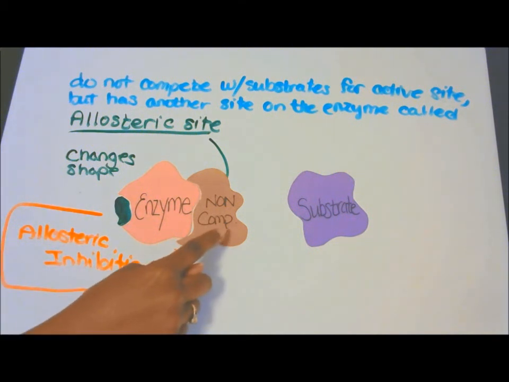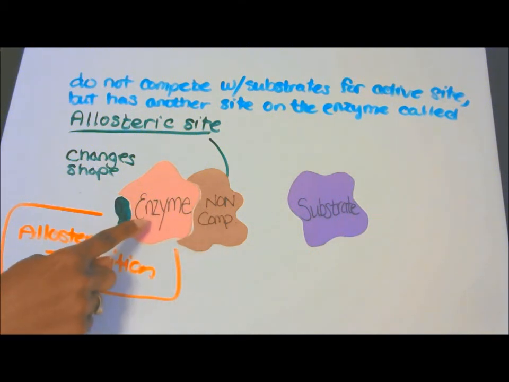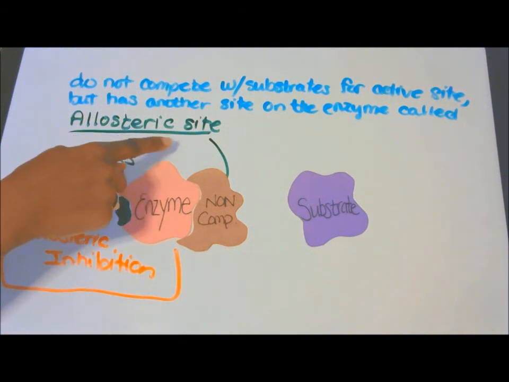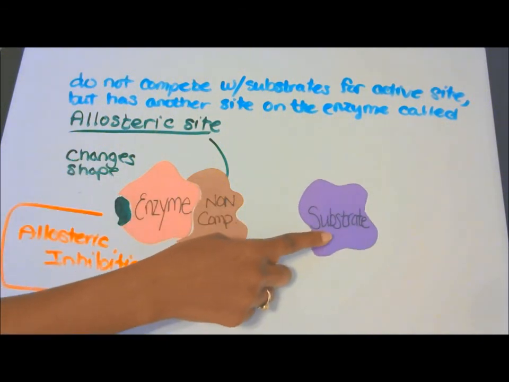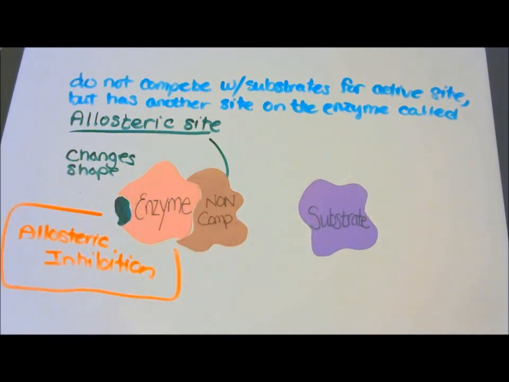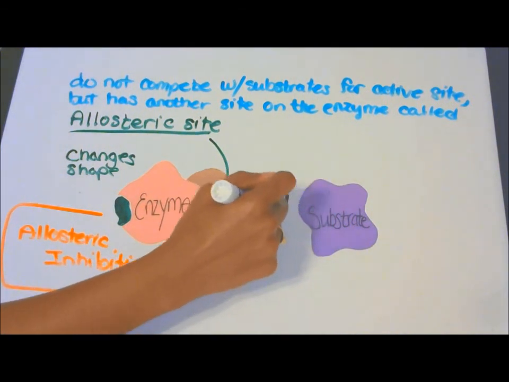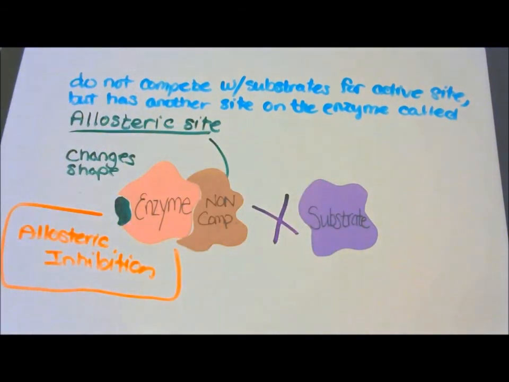It's when the non-competitive inhibitor binds to the enzyme at the allosteric site. This changes the shape of the enzyme and does not allow the substrate to bind to the active site.